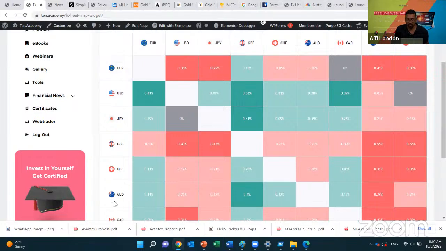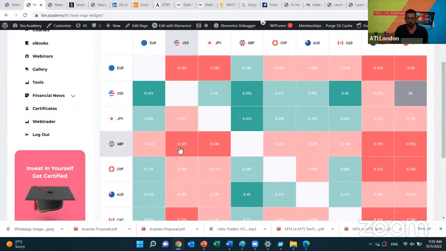All these currencies on the left, we want to look at in a horizontal layout. Here, for example, if we're looking at GBP, then we look at the highlighted red boxes. These boxes mean that GBP is bearish against USD, because the USD is at the top here.